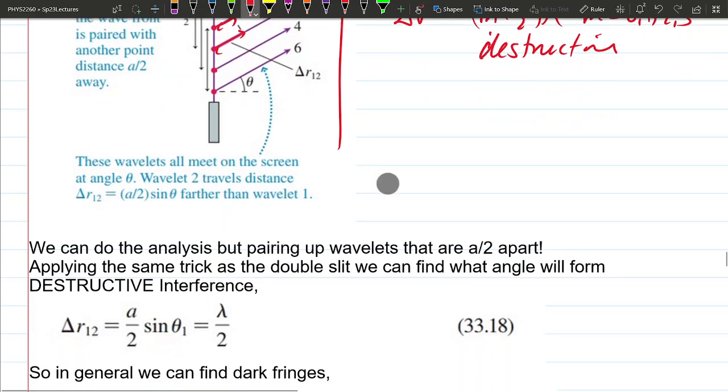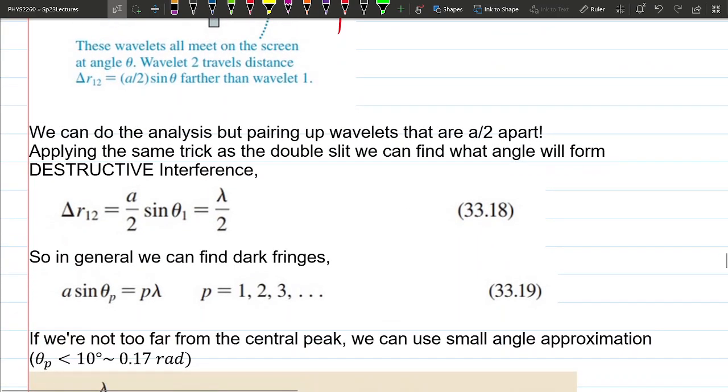We're not going to go through the math in too much detail in this case because we went through it multiple times already with the double slit and the diffraction grating. What ends up happening is that your delta r turns out to be whatever the wavelength of that light is divided by 2.